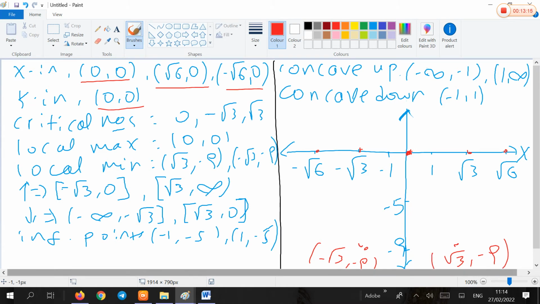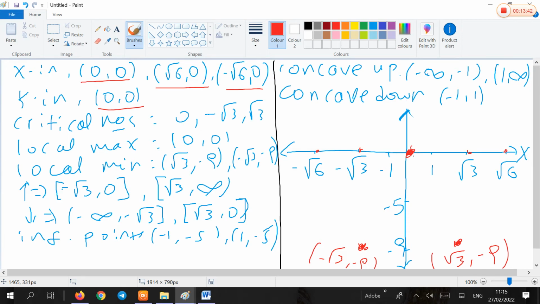As you can see from the given expressions, the graph is strictly increasing from negative square root of 3 up to 0 and from square root of 3 up to infinity, and strictly decreasing from negative infinity up to negative square root of 3 and from 0 to square root of 3.